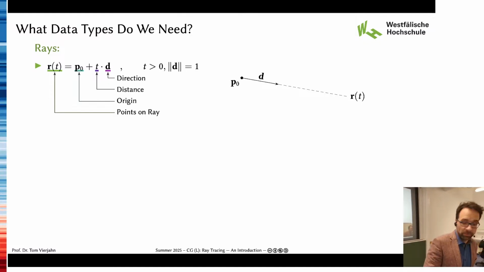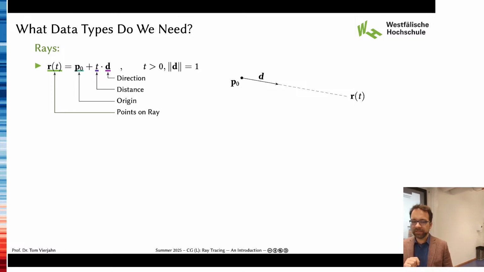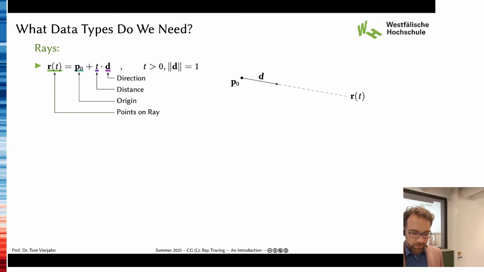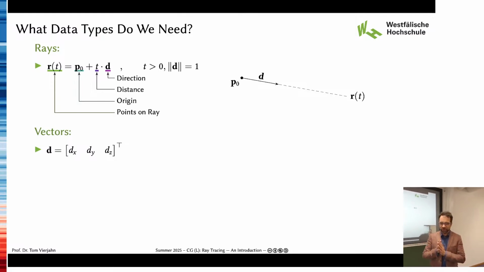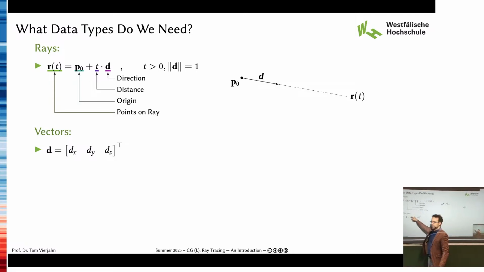And if you were to implement this, you need a data type for rays. If you were to implement rays, you need a data type for vectors, for 3D vectors. And again, just for the notation, we are using column vectors. But since they are taking so much space, I transpose them in the notation and transpose them again to make column vectors.